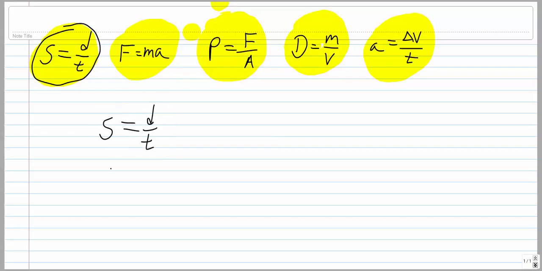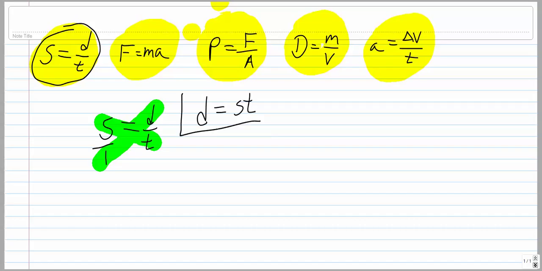Or is it? Because if I put this side over 1, that doesn't change it, right? Anything over 1 is still the same thing. And now when I look at this, I can do the bow tie method. I can cross multiply. So d times 1, that's just distance, equals speed times time.